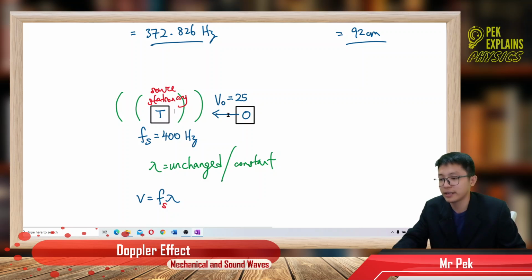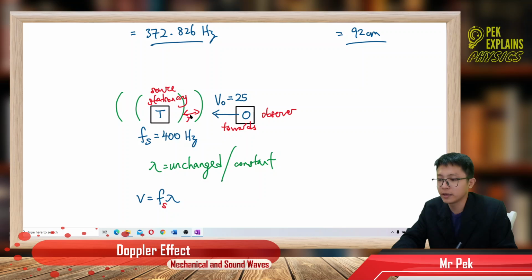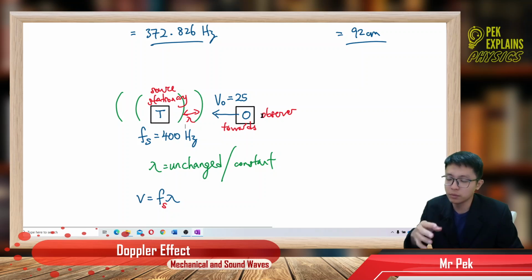Although the observer is moving towards the source, it doesn't change the wavelength. The wavelength of the wave only depends on the source, so the observer moving towards or away doesn't matter.